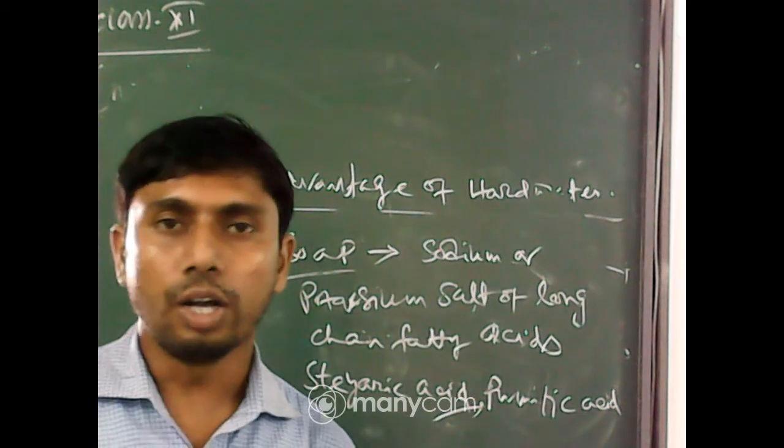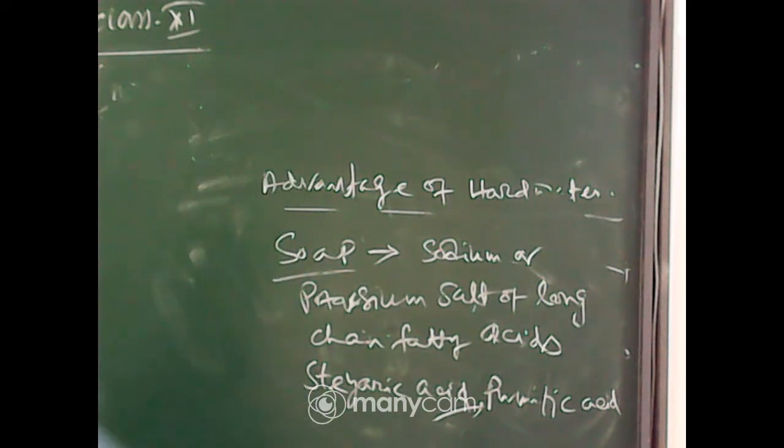These are used to make synthetic detergents. So, synthetic detergents are the alkyl hydrogen sulfonate of long chain alcohol or alkyl benzene sulfonate.